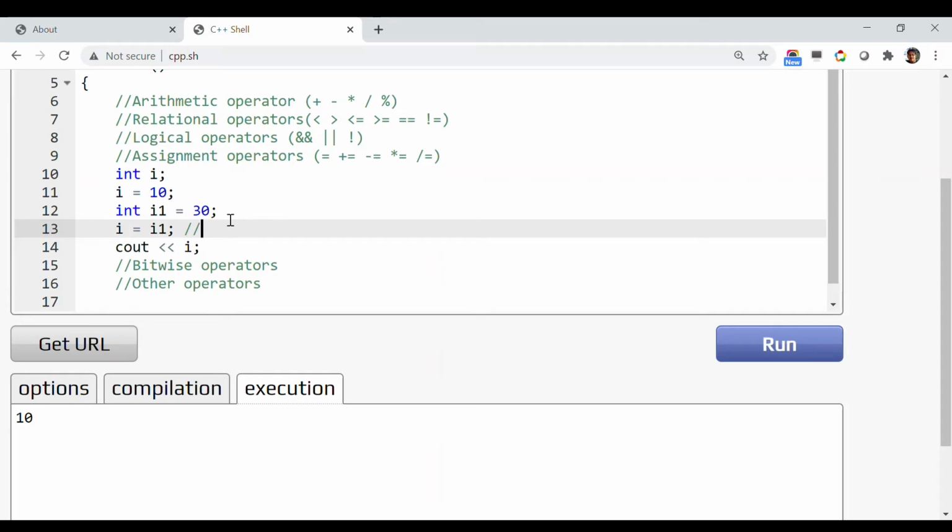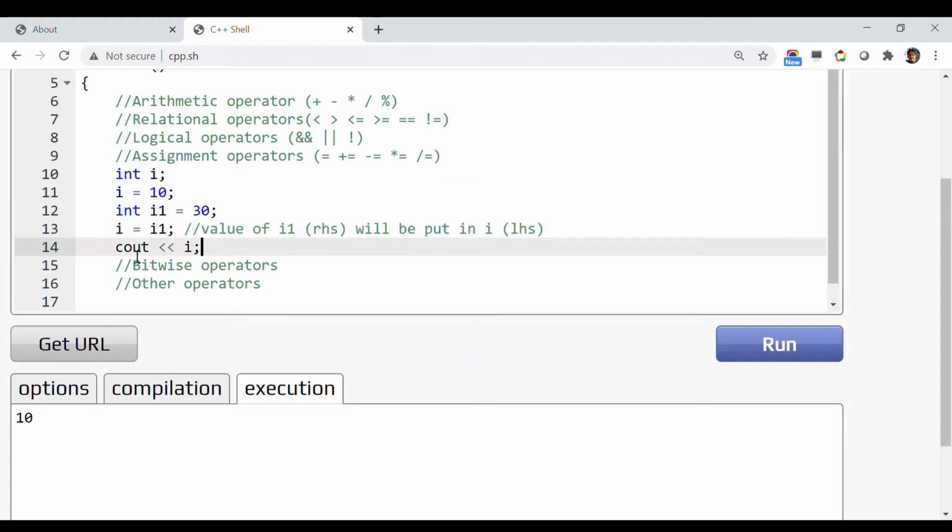So the value of I1 will be put in I, that is, the value of the right hand side operand will be put inside the left hand side, not the other way.